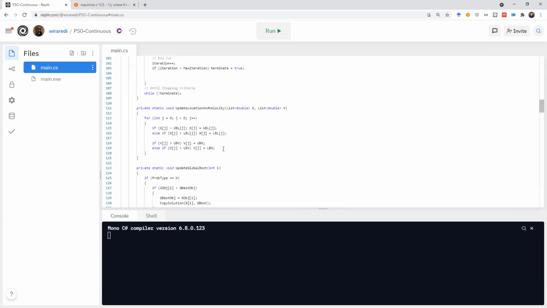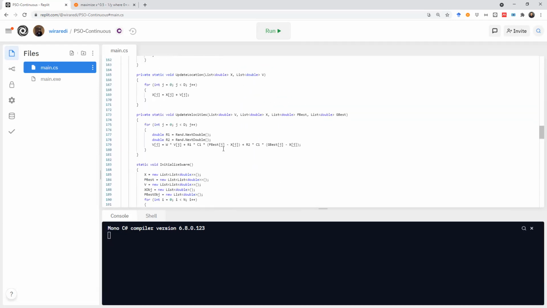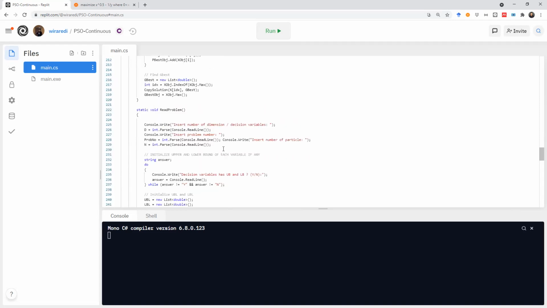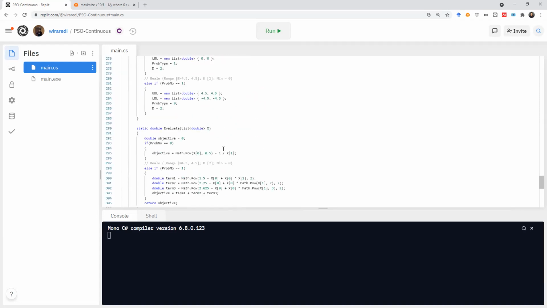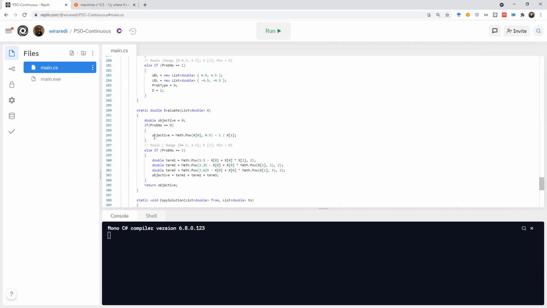Okay, I coded the objective function around, wait, where is it? Here. We want to find the objective function: math power x. This is the first decision variable, x to the power of 0.5, basically the square root, minus 1 divided by x1, where x1 is equal to y.